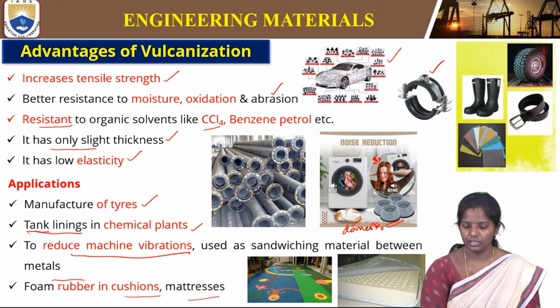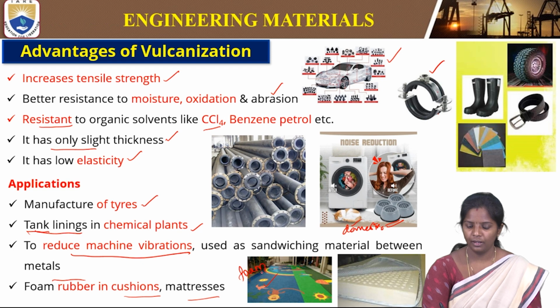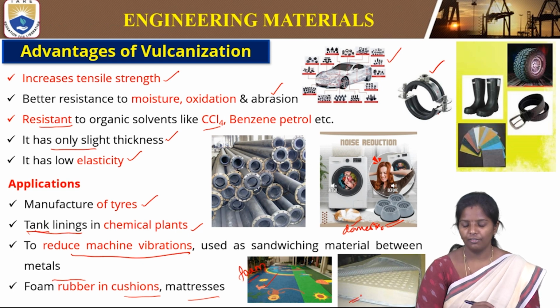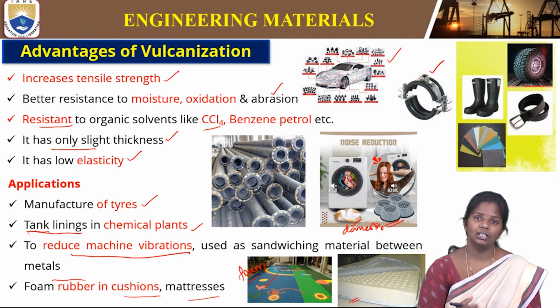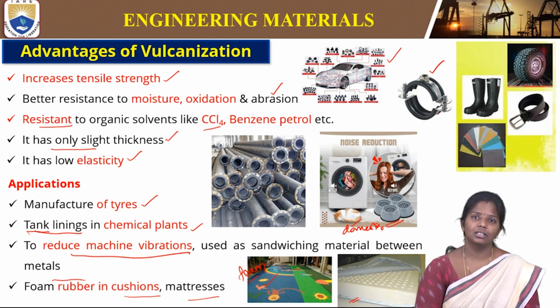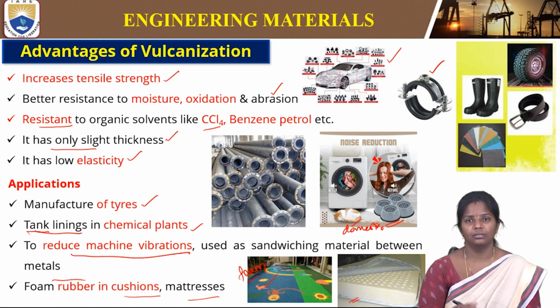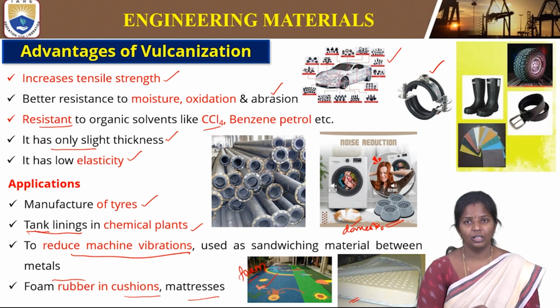This is an example of foam rubber, cushions and mattresses, wherein we use a foam type of rubber in these applications. These are the good applications of rubber manufactured with different treatments, and depending on the tensile strength we require, we include the sulfur so that it becomes vulcanized rubber.